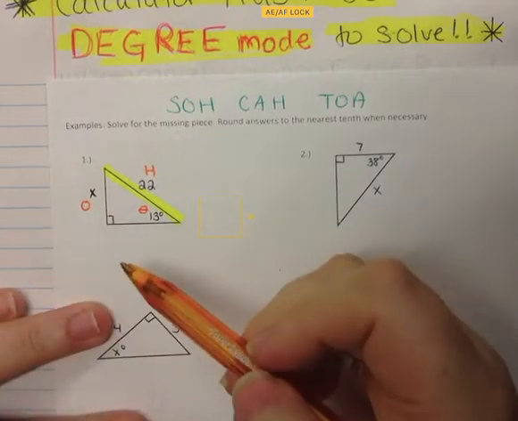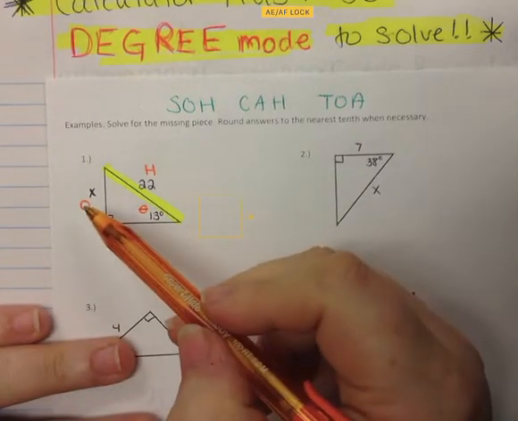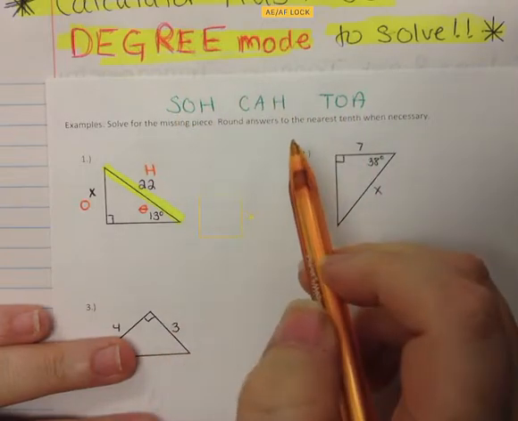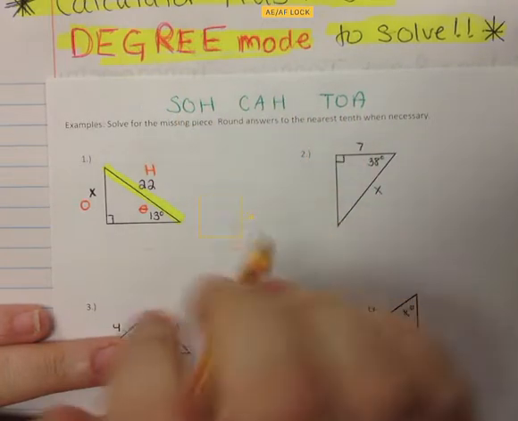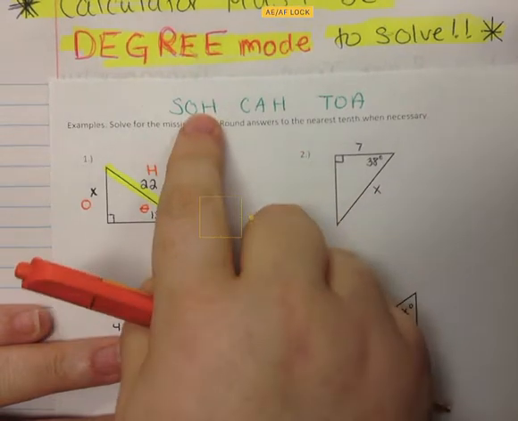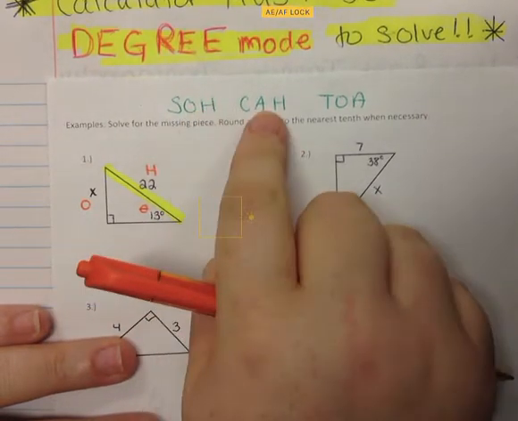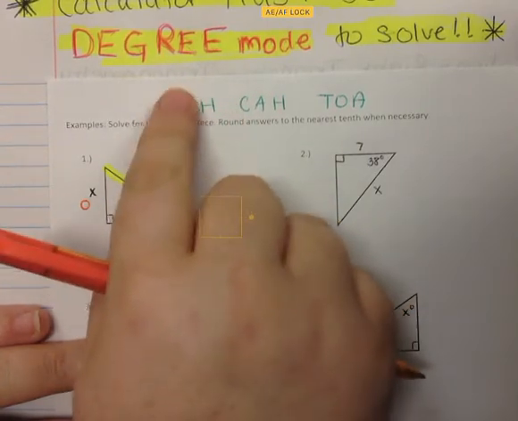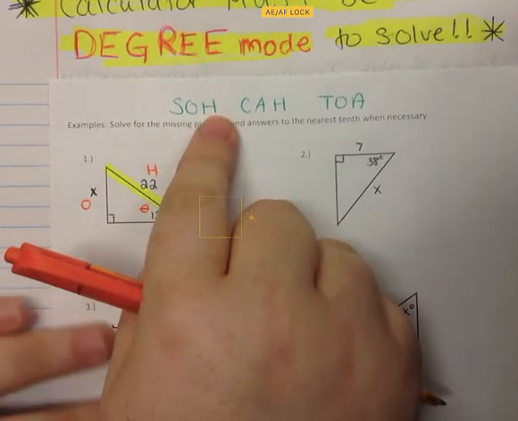So the question is, which ratio do we use? We have O and H. So if we come up here to our SOHCAHTOA, when do we have O and H at the exact same time? We have O and H together here, not here and not here. So that means we have to use this one. So each of these letters represent something.